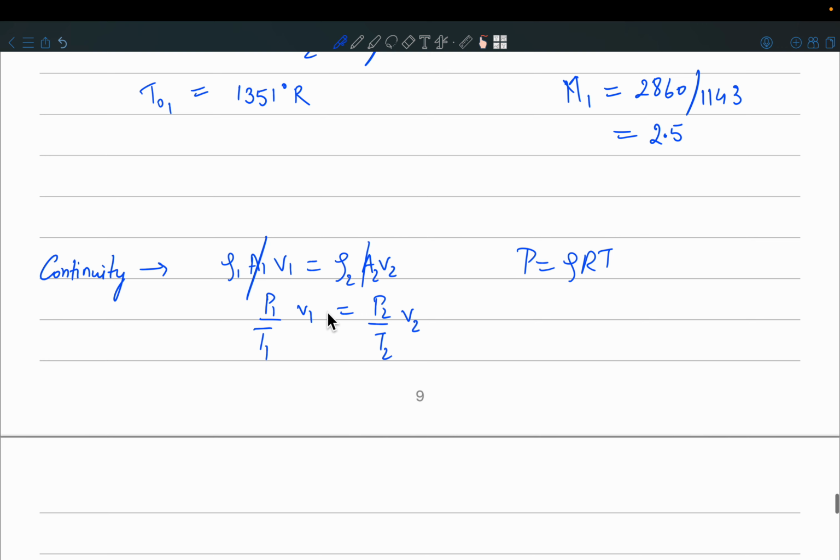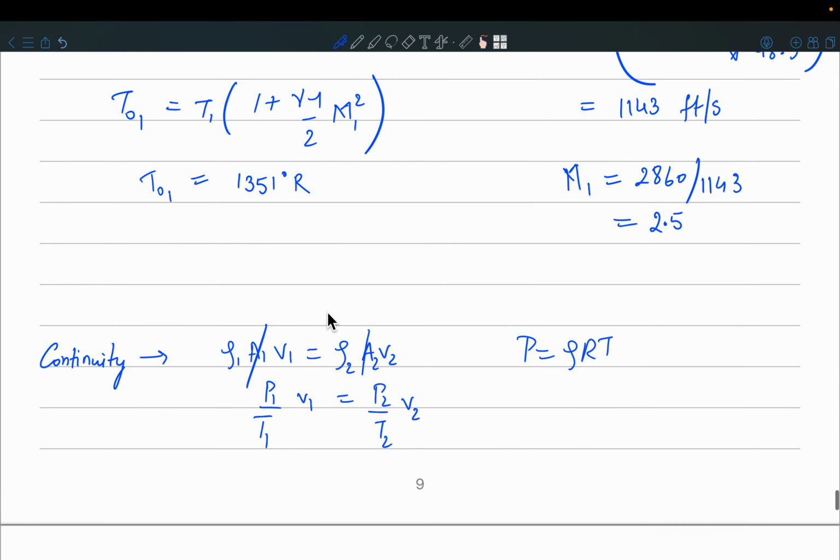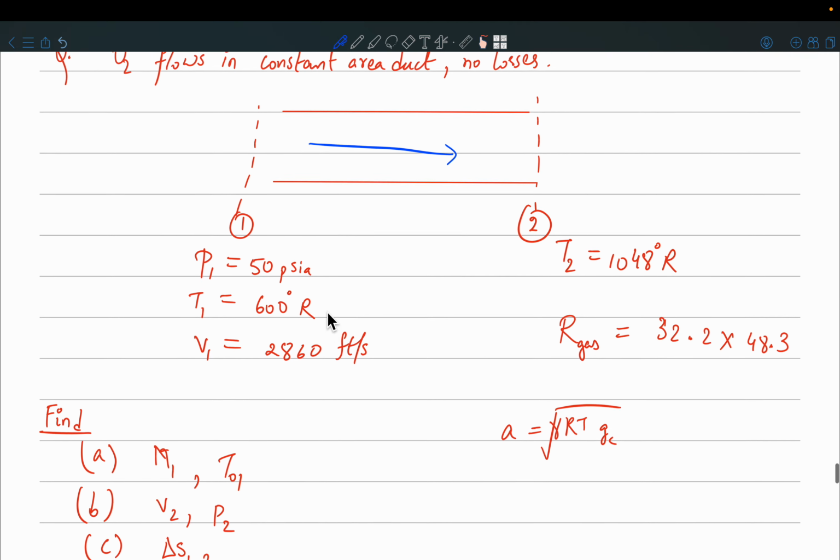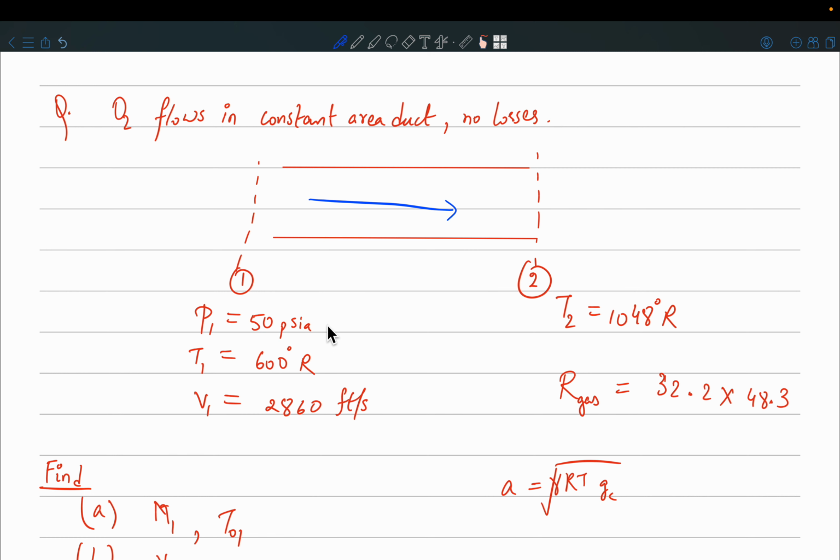How do you proceed? Yeah, any idea, anyone? Okay, so look at the question carefully. What does it say? There are no losses. So what will you apply?